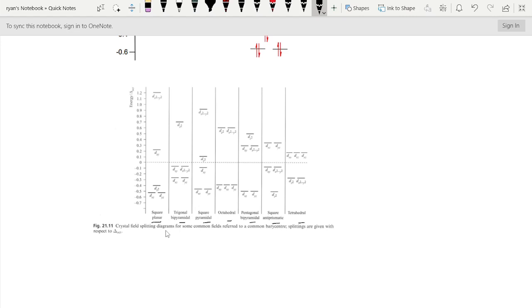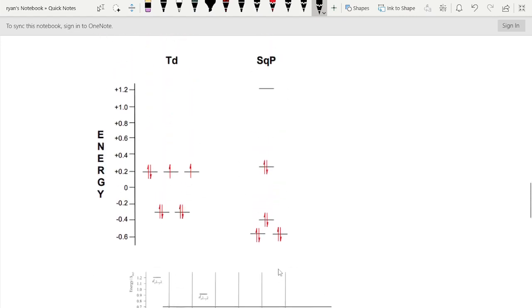You just have a look at this diagram. In the square planar case, on this side I am going to write dxz and dyz, and dz², dxy, and dx² minus y². Therefore all 8 electrons are paired in lower energy orbitals. Here dx² minus y² is unoccupied.